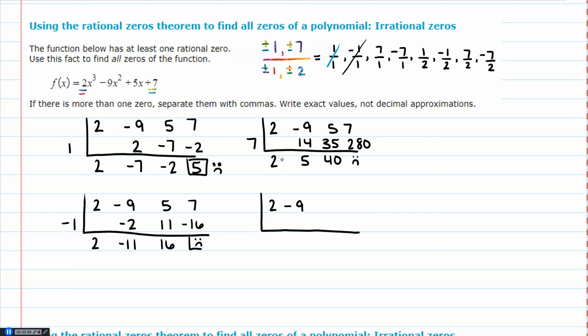2, negative 9, 5, 7. Let's try negative 7. So 2 comes down, 2, negative 14, and then negative 9 and negative 14 is negative 23. And now, again, I can see at this moment that this is definitely not going to work because 7 times 23 is, what, 161 or something?